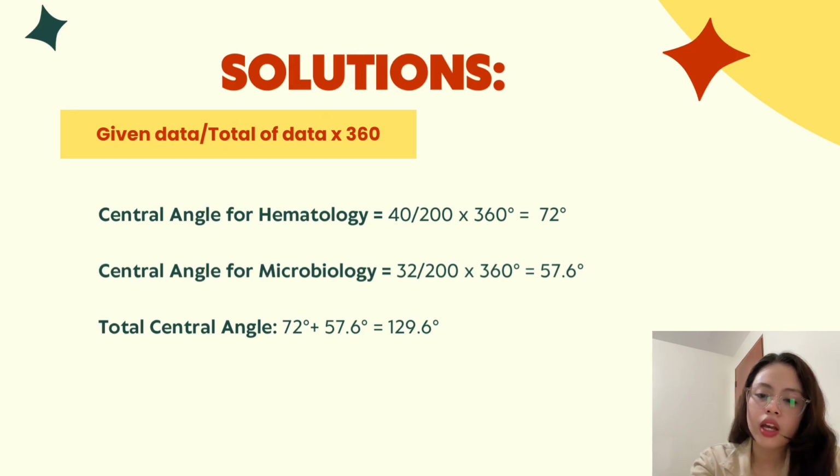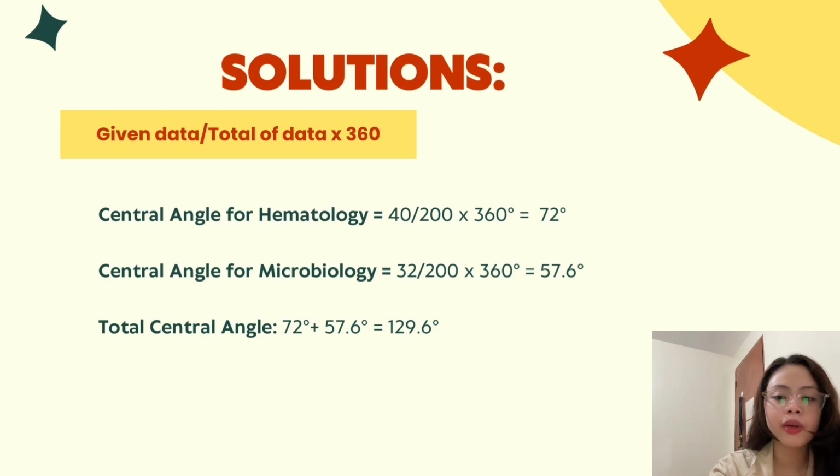After getting the central angle for hematology and microbiology, we need to add both of them. So we have 72 degrees from hematology and 57.6 from microbiology, so that equals 129.6 degrees.